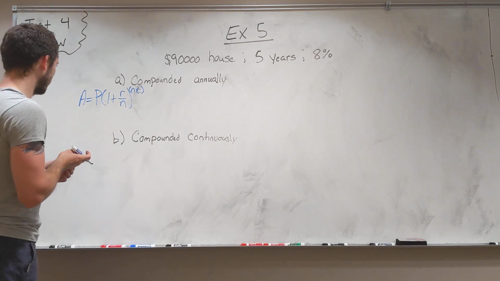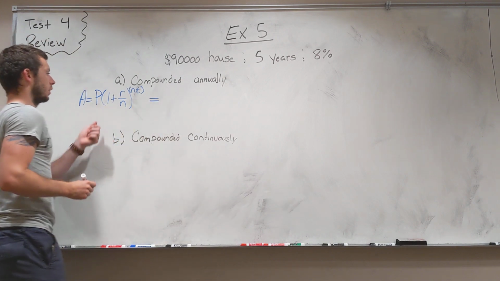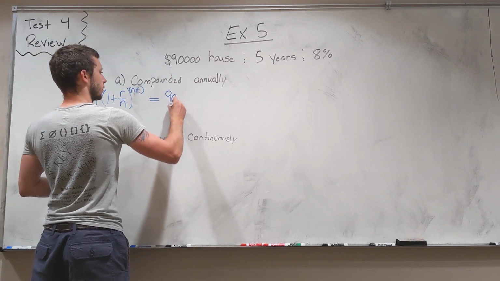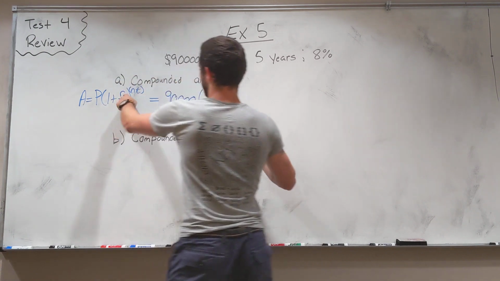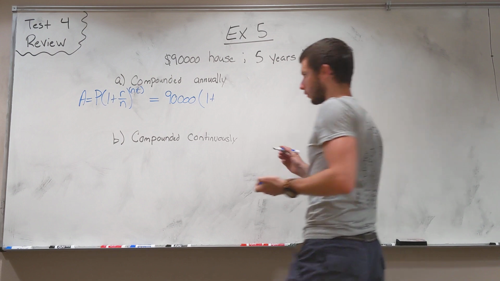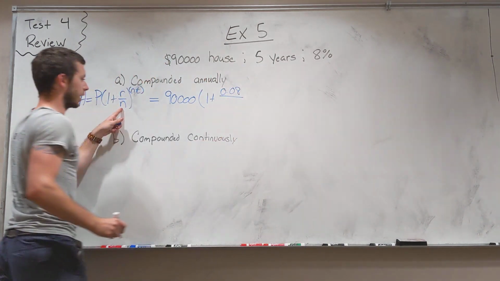And here, all of the given values: the present value is the current value for the house. 1 plus the rate here, the rate 8%, but we need to convert that as a decimal, so that's 0.08. That divided by n.